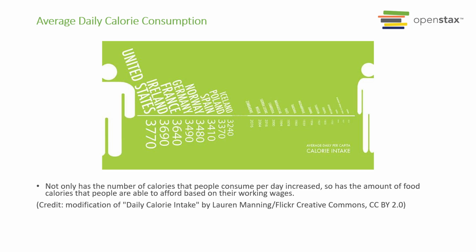And the way you want to interpret this is you've got countries listed on the top of this spectrum, and underneath you have listed the average calories consumed per day.